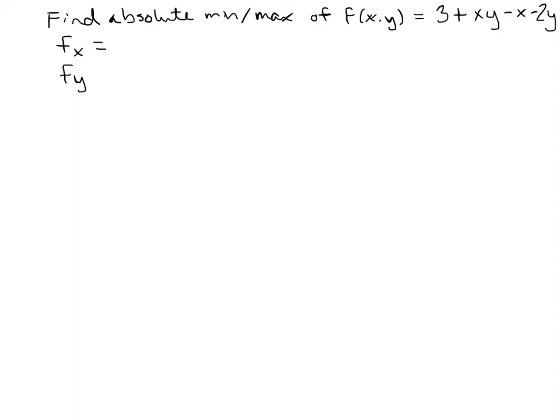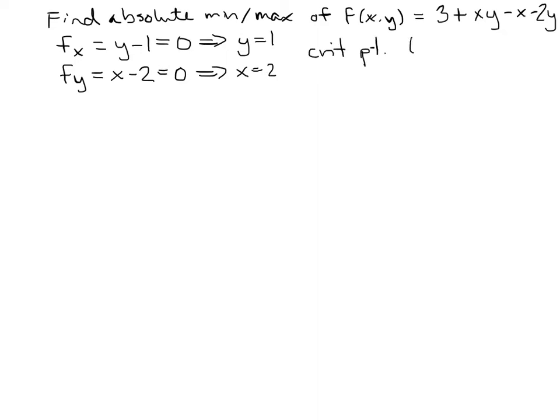So that would be y, and then the derivative of negative x is negative 1. Then the partial of f with respect to y would be x minus 2. So to find the critical points, we're going to take each one of those and set them equal to 0. From the first one, we get y equals 1, and from the second one, we get x equals 2. So we have one critical point.